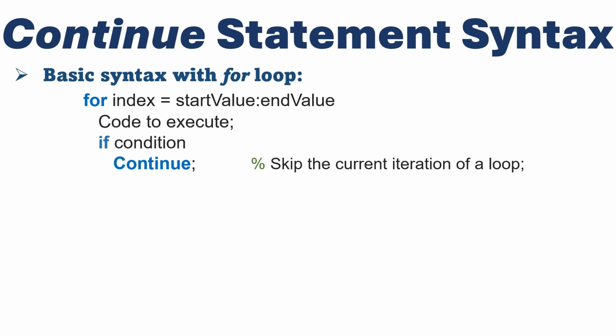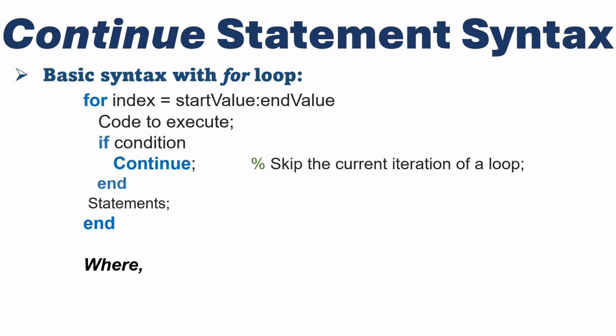And then as usual, we need to end the if, and at the end, we have to end the for loop as well. But before ending the for loop, we can even write the statements which we want to execute if the condition is not true, right? So what happens when you enter into the if and you execute the continue, it comes out from the if, and this is how it works.